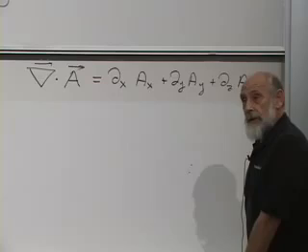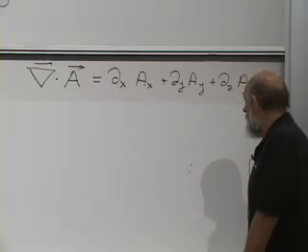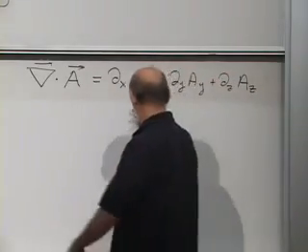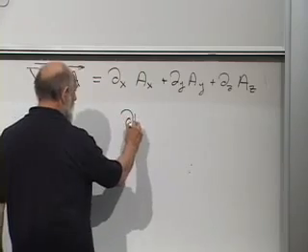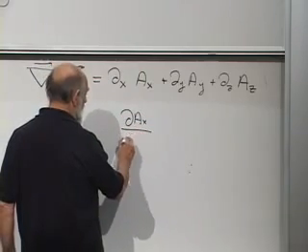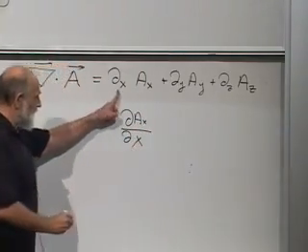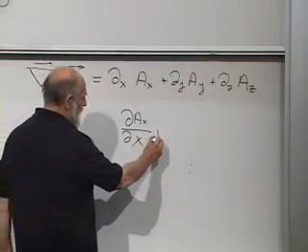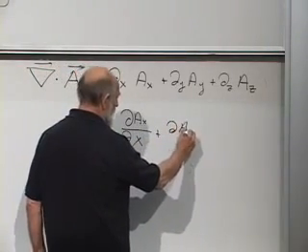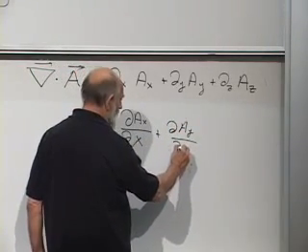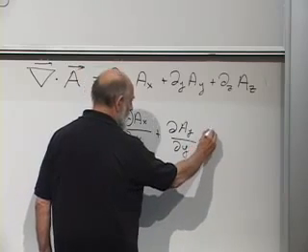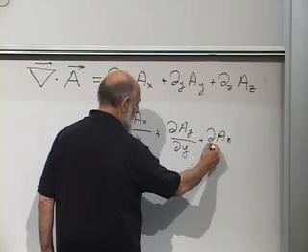Yeah, it's a scalar quantity. So let me write it. It's the derivative of a sub x with respect to x. That's what this means. Plus the derivative of a sub y with respect to y. Plus the derivative of a sub z with respect to z.